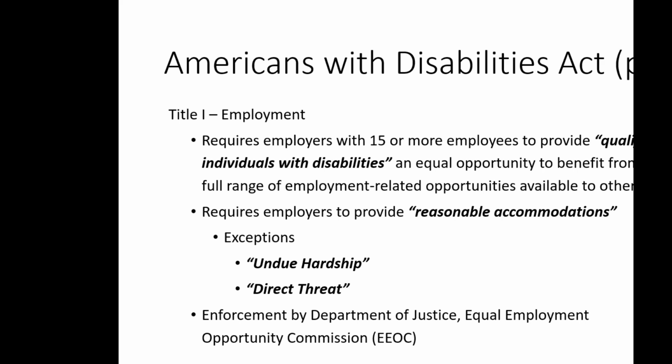This is for employment, and they need to provide reasonable accommodations. This is a time when the employer and the vocational rehab counselor may work together. And if we think about the accommodations that are being provided in the workplace, they're very inexpensive. The majority of them are going to cost the company less than $300, which is nice.